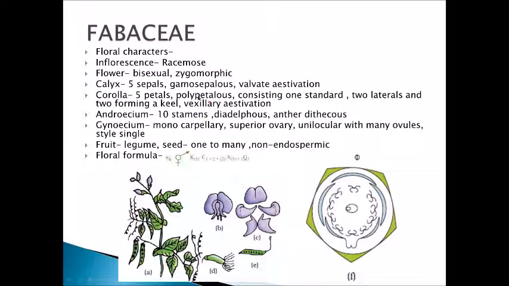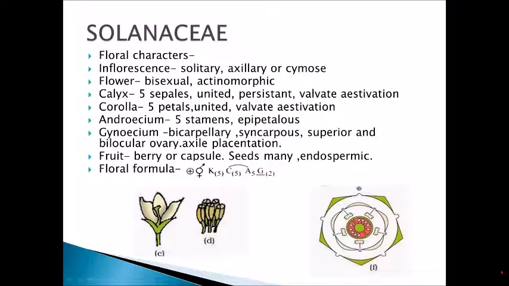So this is calyx, this corolla. Next is androecium. Androecium consists of stamens. Here you can see only one is separate and these 9 are forming a bundle. So this shows diadelphous condition, 9 plus 1.